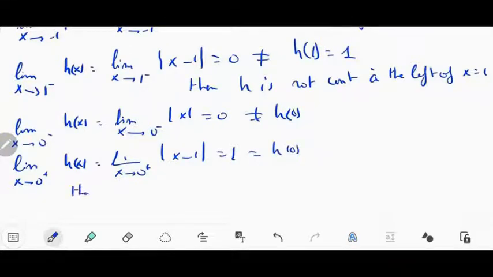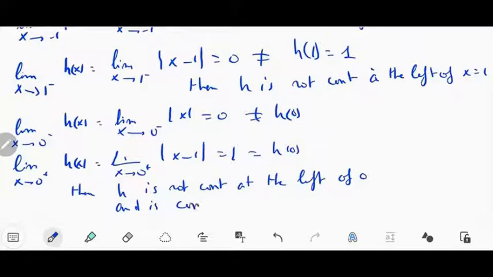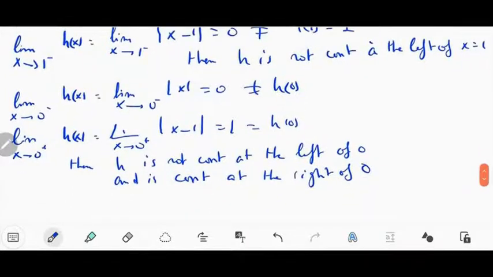Then h is not continuous at the left of 0 and is continuous at the right of 0.